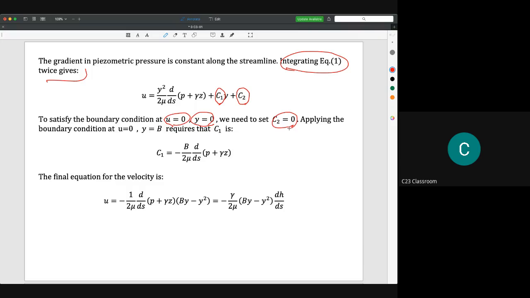Then we apply the boundary condition u equal to 0 at y equal to b, and we get that C1 is equal to this term. We then substitute this C1 back into the equation, and finally we get the velocity distribution like this.